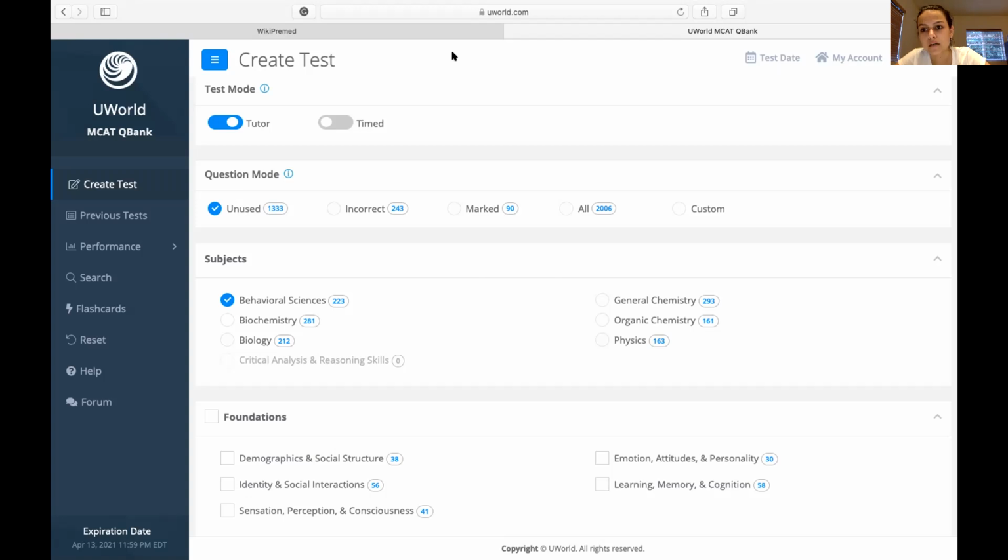Because the thing with UWorld is it's too specific, if you just do physics or just chemistry. So I think the best thing is to use the section banks, because it's a need to know kind of thing, whereas you don't need to know everything that would be in a UWorld physics thing, right?